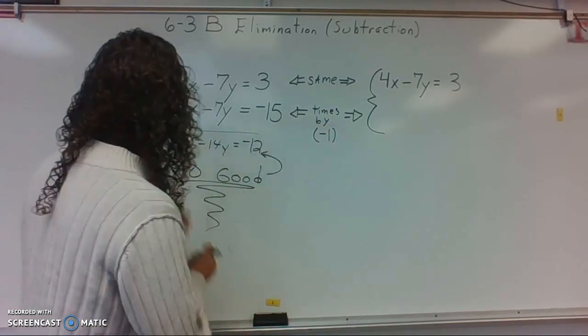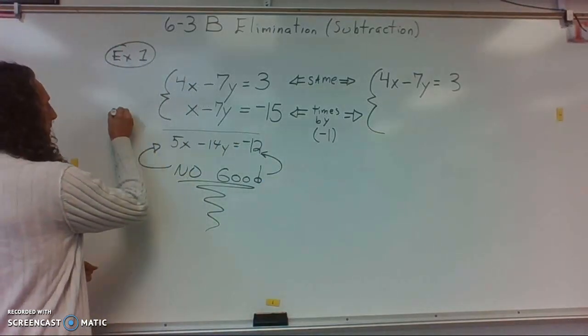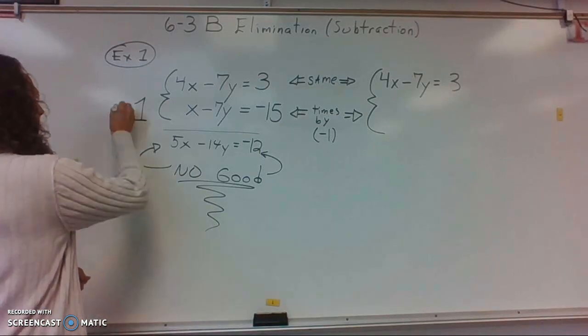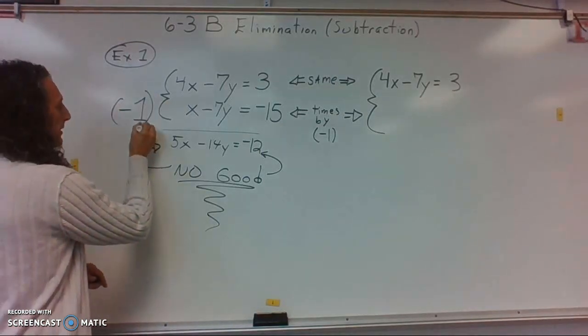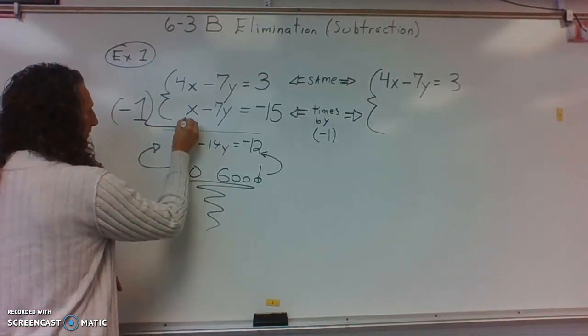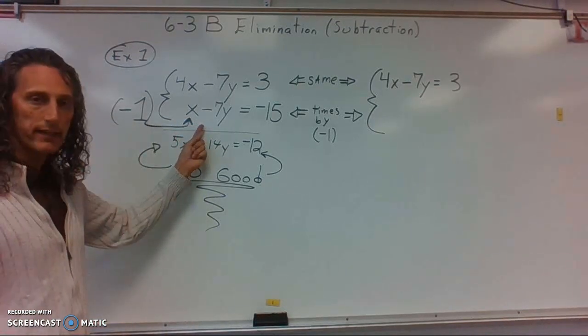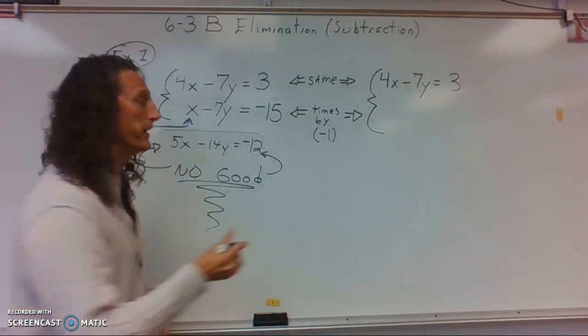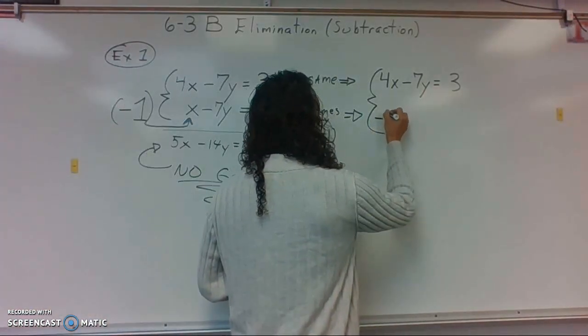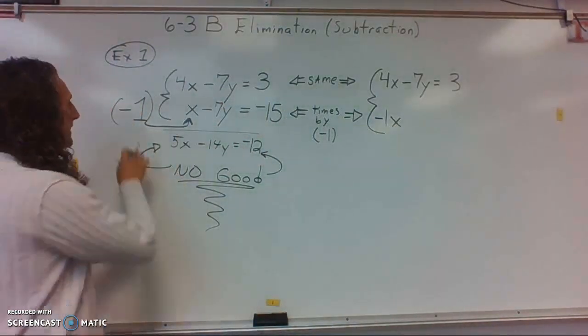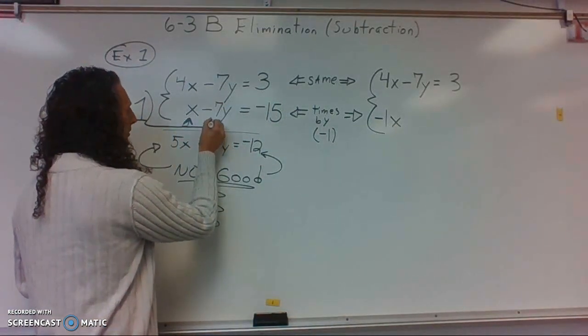So I'm going to kind of show it over here also. So I'm going to put a large negative 1. And what I'm going to do with that is I'm going to times it by everything. So I'm going to go negative 1 times my x, and that's going to give me a negative 1x. I'm going to take the negative 1, and this is where it's important.